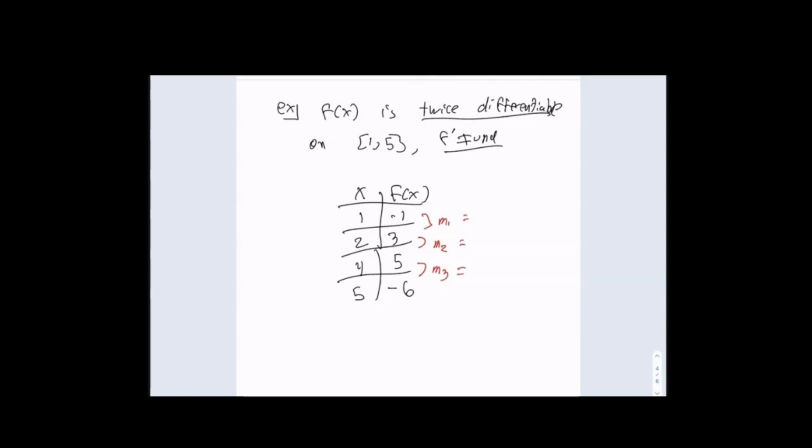Some people like to see it as rise over run. I like to think of it as the quotient, the slope quotient. And we're just focusing on these values right here.